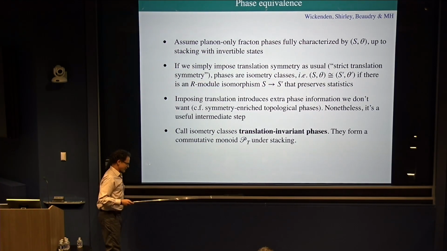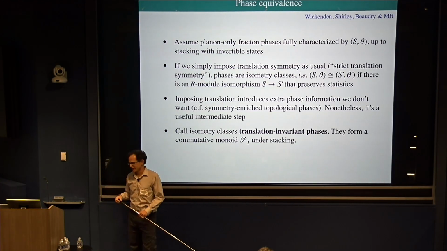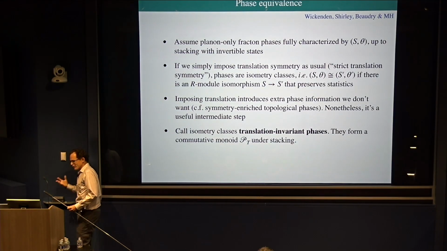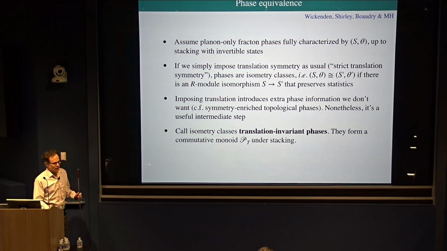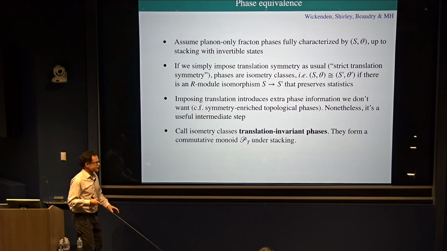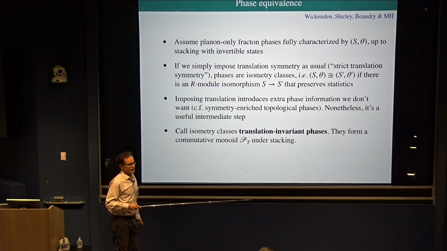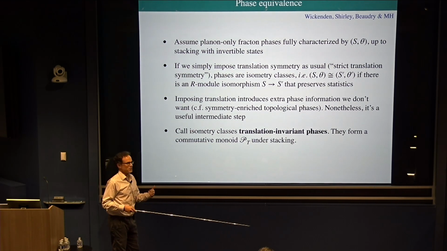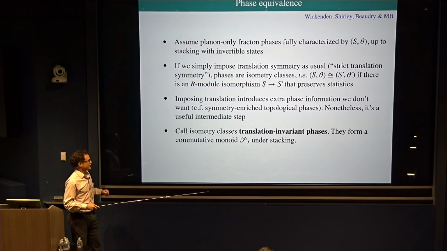The examples that you can think about come from symmetry-enriched topological phases, where if you have the toric code with no symmetry, that's a phase, but if you add translation symmetry, there are multiple different phases that all become the same when you break the translation. So you could say, well, why not just break the translation? Fine. The problem is we need the translation to talk about mobility. Okay, and so there's a compromise.